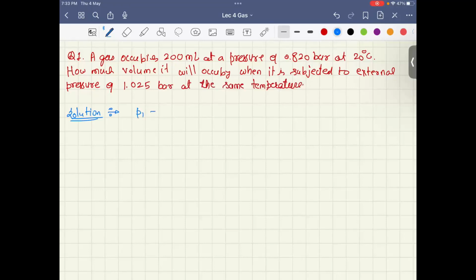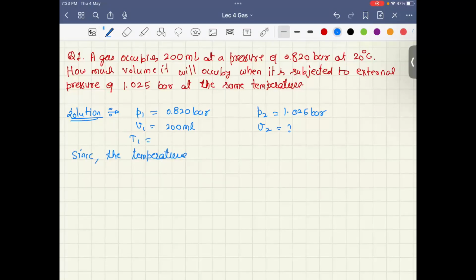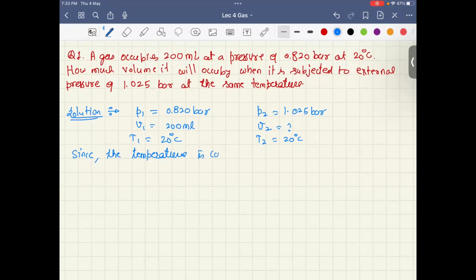So what are we given? We are given P1 equals 0.820 bar. We are given V1 as 200 ml. We are given P2 as 1.025 bar, and we are asked to find V2. Since the temperature here is 20 degrees centigrade, and here also 20 degrees centigrade, the temperature is constant.